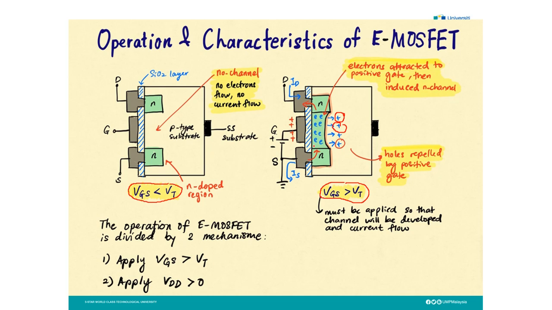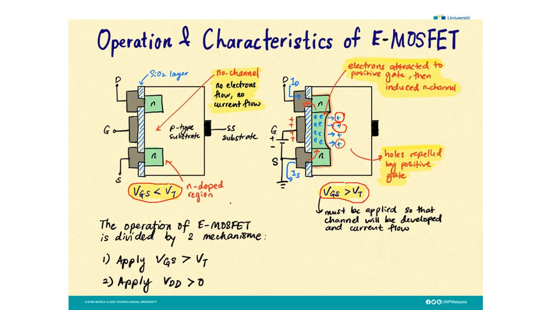So it will induce a channel, or create the channel. Finally this channel will get bigger and bigger and become like a physical channel. So when this channel is maintained and electrons are many enough, they can flow from S to D. So the current will result in the direction from D to S.